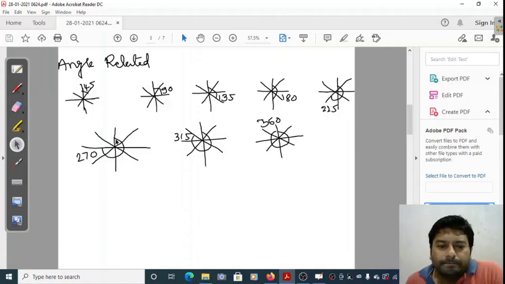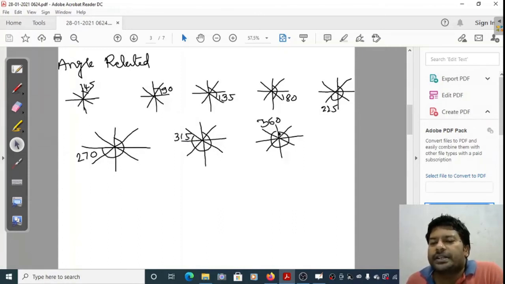Similarly, from facing north, he has moved clockwise, and he is facing west now, then he has moved an angle of 270 degree. Similarly, from facing north, he has moved clockwise and he is facing north west, then he has moved an angle of 315 degree.